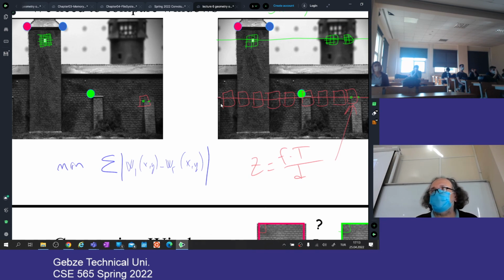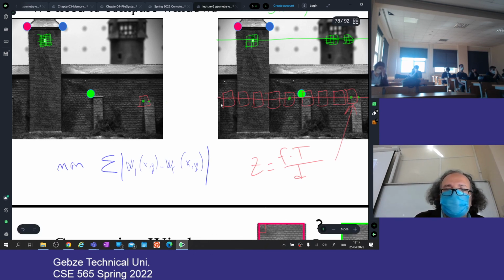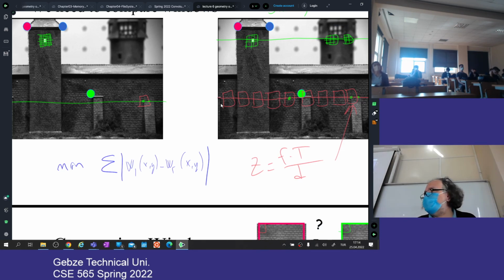So I should remember what decision I made before, and make my decision accordingly. And after doing that, why don't I do the same thing from right to left again? Calculate the disparity for this one, make a search on this image, and I should get exactly the same thing. If I don't get it, try to figure out the middle way in between.